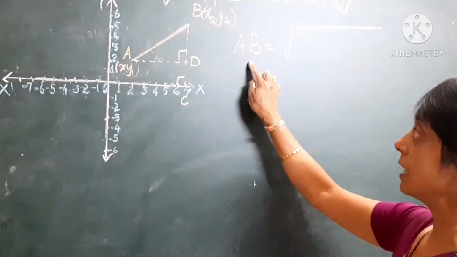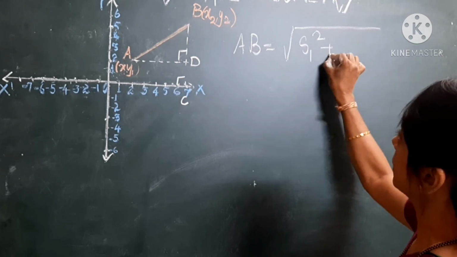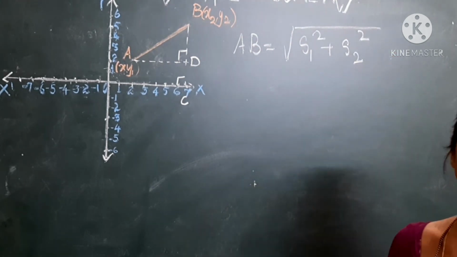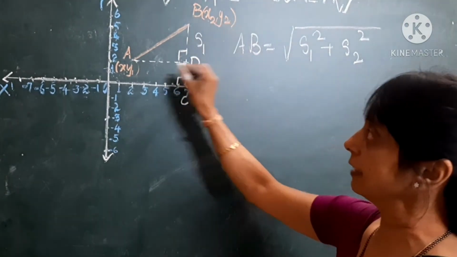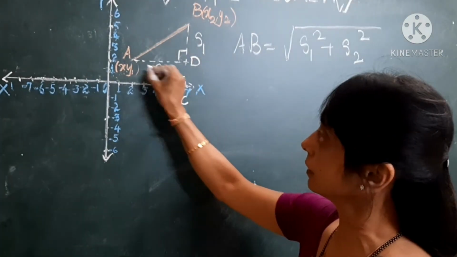That means hypotenuse will be equal to square root of side 1 square plus side 2 square. What is this side 1 and what is this side 2? Side 1 will be AD and side 2 will be BD.